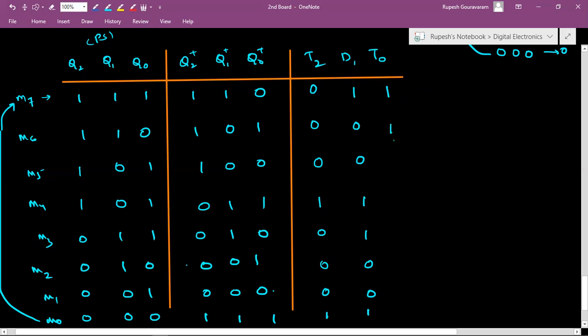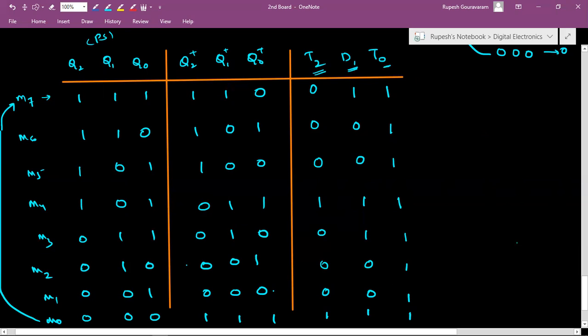So this is 1, 1, 1, and so on. The last one is also 1. That means T0 is 1 everywhere. We have to find simplified logic for T2 and D1 only. T0 anyway is always 1.